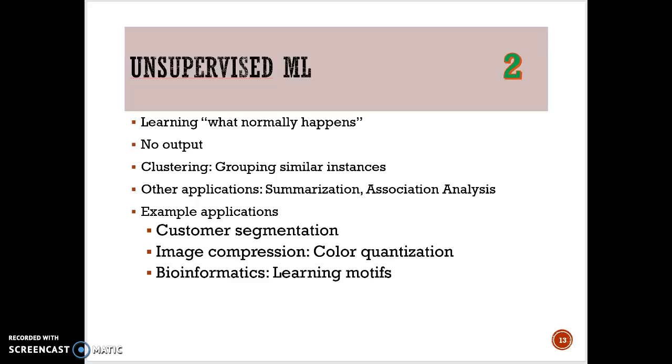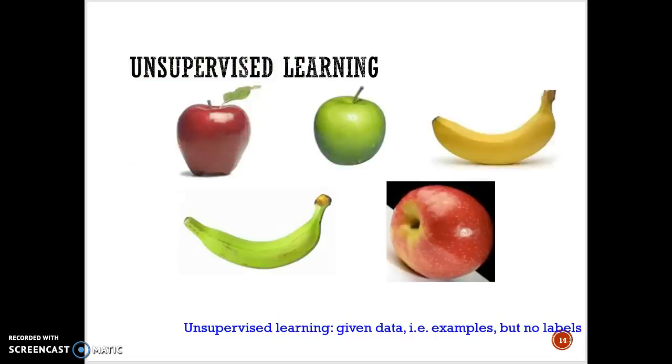So usually they will just use clustering to group similar instances. Let's look at the example here. We have unsupervised learning. We just give these images into machine learning, and we'll see what the machine learning will find out about this, whether the distinct feature is a color or a shape.